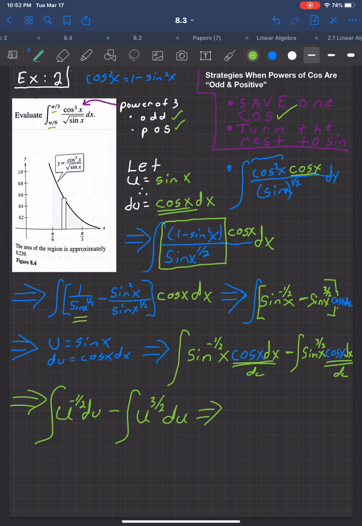Remember you're adding 1, obviously, right? So what do we end up with? Well, we end up with sine of x. If I add 1 to negative 1/2, I have positive 1/2 over 1/2, minus, and if I have $1.50 and I add $1, then I have 5/2, right? $2.50.